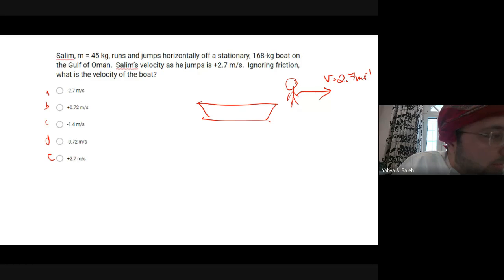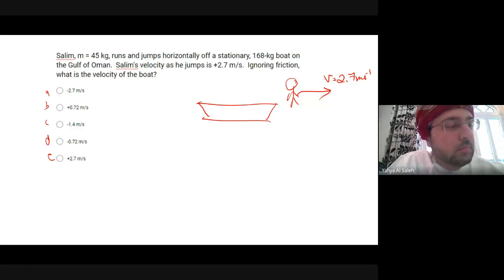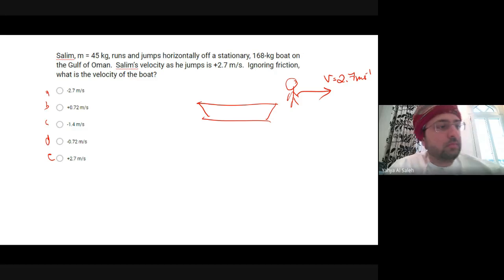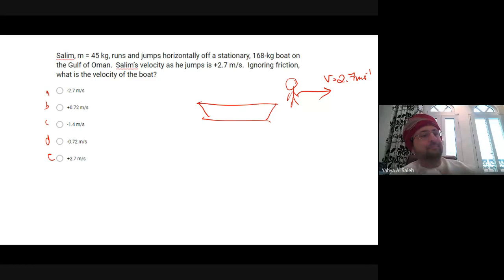A whole bunch of A's, a couple of B's. Most people who chose A thought that because Salim went 2.7, the boat will go minus 2.7.